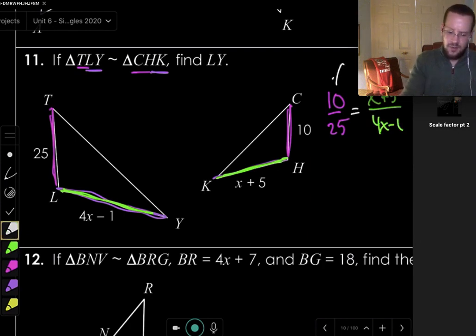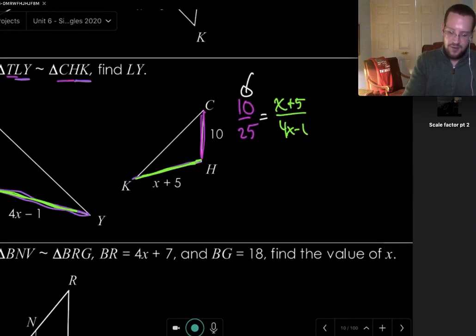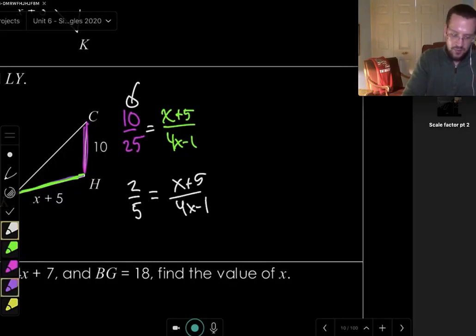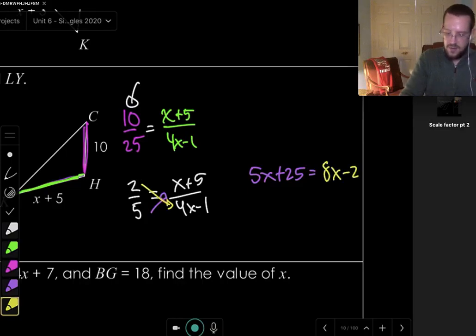But first I'm going to take care of this fraction. 10/25 is actually 2/5. Then x plus 5, 4x minus 1, and I'm just going to do some cross multiplication. This is going to be 8x minus 2.